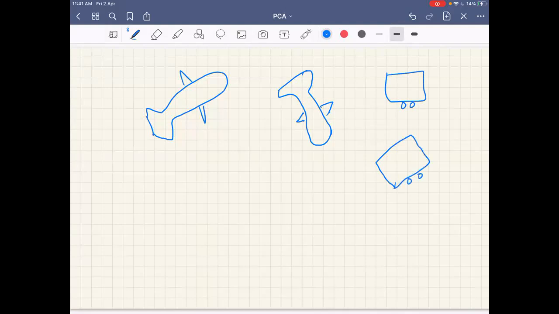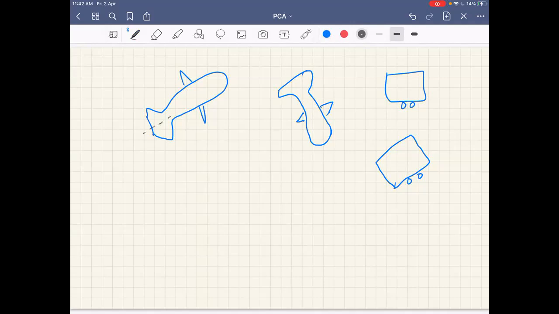So the images are not very well aligned. If I ask you to classify the aeroplanes versus trucks or whatever, what is the first step? First step is to align all these images in a particular direction, because if you want to extract features or do classification, the first step is to align them.